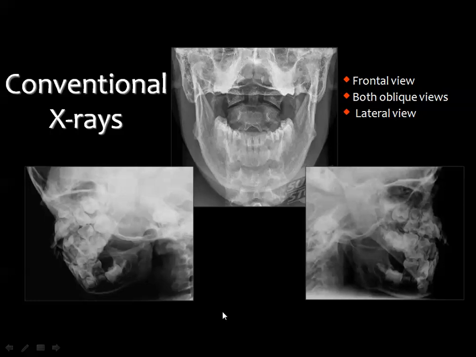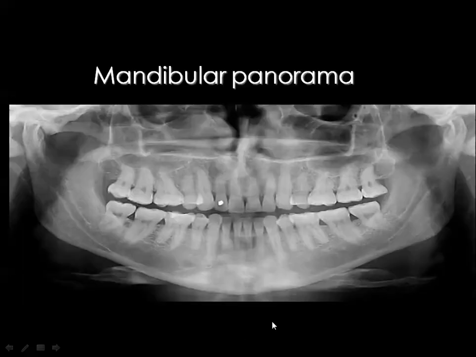And for a very long time we have used this examination, which is the mandibular panorama, or the panoramic view of the mandible, which is obtained by a special machine and is considered the simple X-ray of the mandible, where you can have the spread view for the mandible from left to right, including the mandibular condyle, the coronoid process on both sides, and the mandibular ramus and the mandibular body.